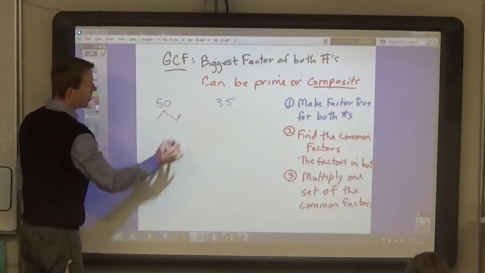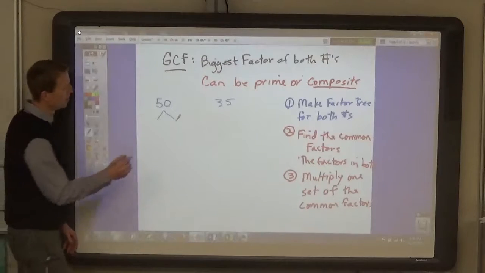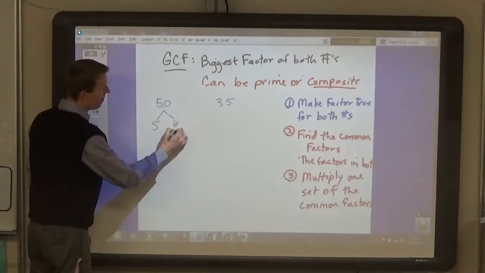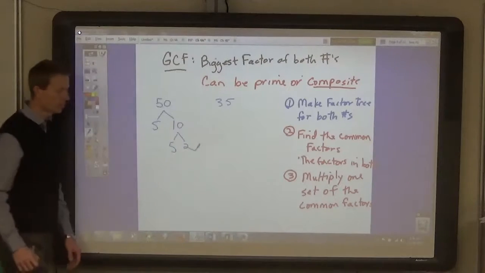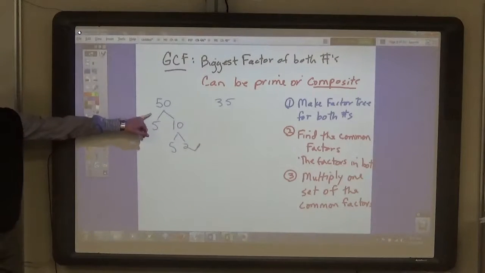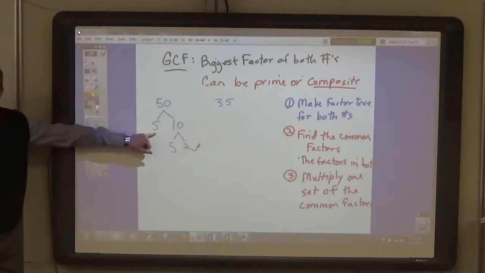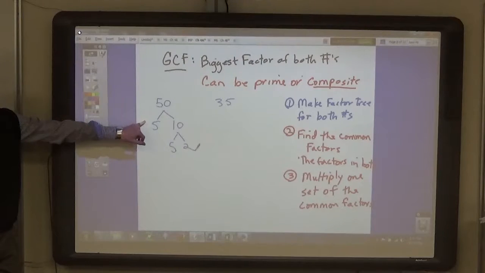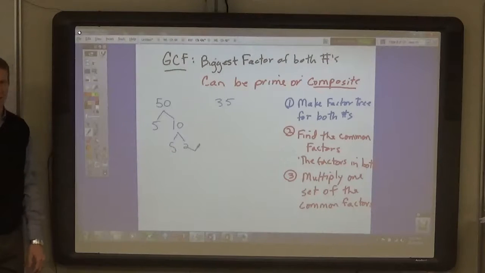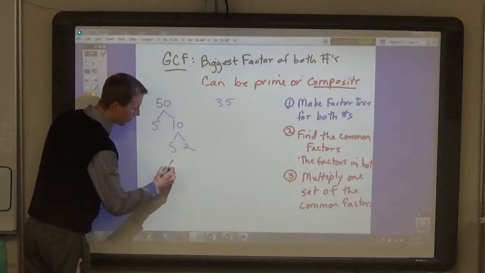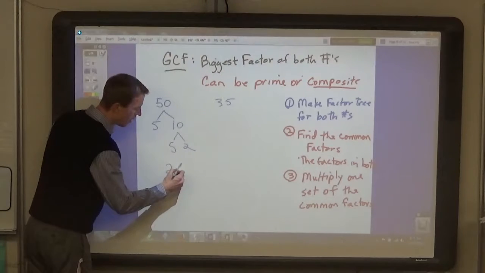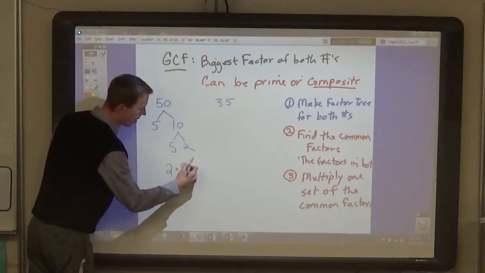So, factor 50: 5 and 10, and then 5 and 2. Okay, so write that down. That's how you factor out 50. There are 2 5s and a 2 in the number 50. Or to write the prime factorization, you would write 2 times 5 squared.